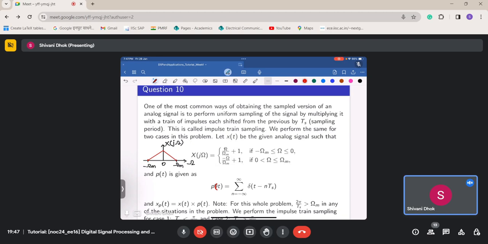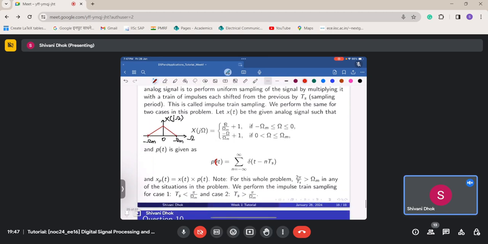This is given to us, and p(t) is this quantity. p(t) is a train of impulses. How does this train of impulses look? This is the time axis. I'll have an impulse at t equal to 0, then at Ts, at 2Ts, and so on.